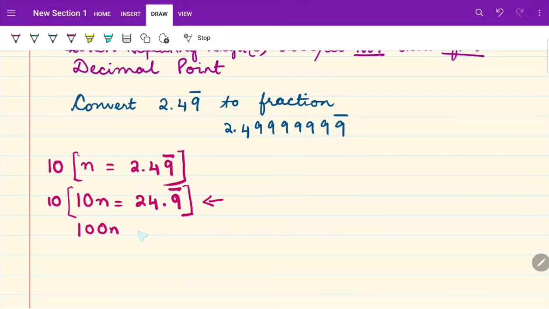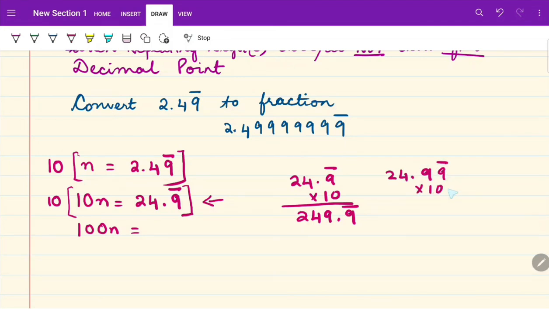100n equals 24.9 bar times 10, which is going to be 249.9 bar. Recall that 24.9 bar is the same as writing 24.99 bar.